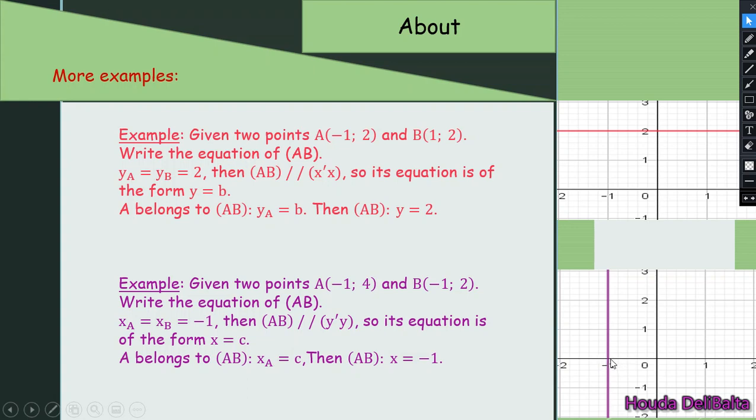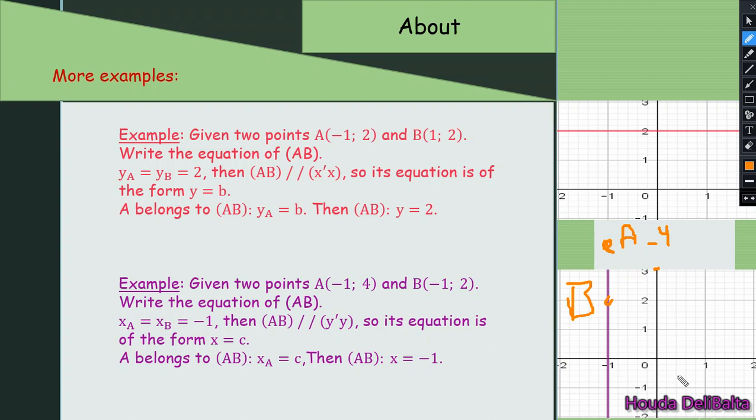So point A is (-1, 4), somewhere upwards, and B is (-1, 2). Here is 3, then here is 4, so here is point A. And B is (-1, 2), then here is B. So notice that A and B are both on the same line that is parallel to the y-axis.